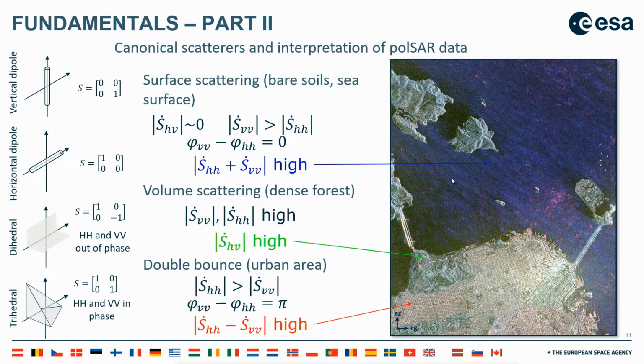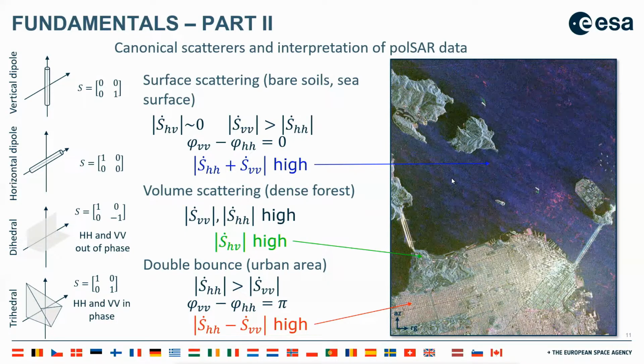I guess you have also heard about the different scattering mechanisms you can observe with radar. Here it's a kind of recap. You have surface scattering, which you usually observe with bare soil or sea surface. These are characterized by having the cross-pole scattering amplitude almost 0. And usually the VV component is larger than the HH component.